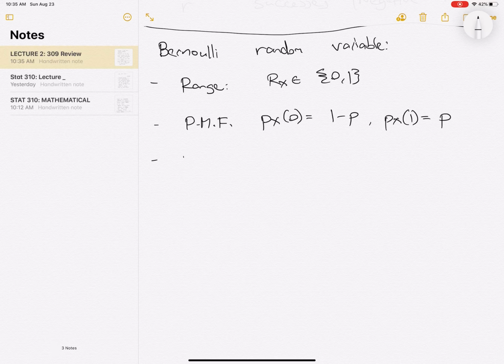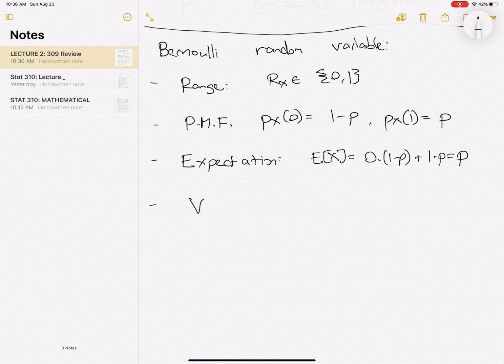And then the other thing, and we actually used this calculation in the previous lecture, but we'll go through it here. We have that E of X is equal to p. And then the variance, you can do a similar calculation to show that the variance of X is equal to p times 1 minus p.